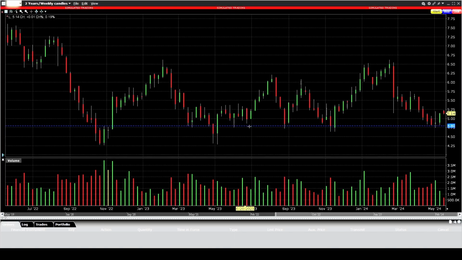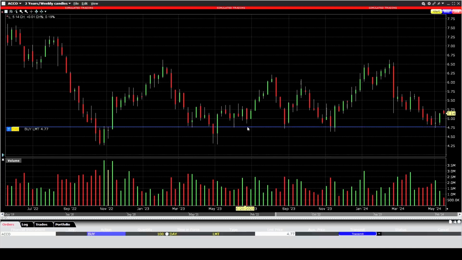In this case, I'll move it down just a little more to the bottom of this candle, $4.77, and when I click my mouse, that now becomes a solid line. Now the order hasn't been transmitted, but this is where my buy order would come in, and the exact price shows down in this panel, $4.77.